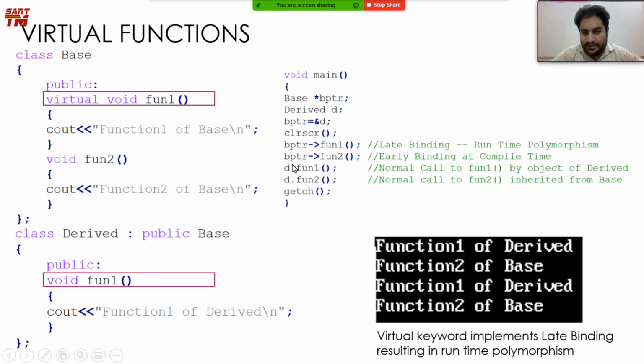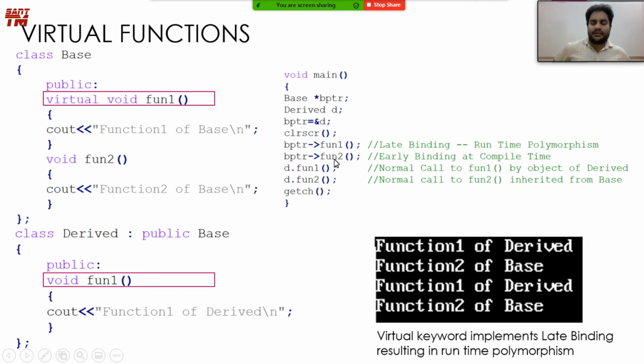That means bptr is the pointer of base, but because I assigned the address of d, and d is the object of the derived class, the function of derived is being executed. Therefore we call it late binding. Late binding means not calling this before, but going to the second step directly, that is of the derived class.